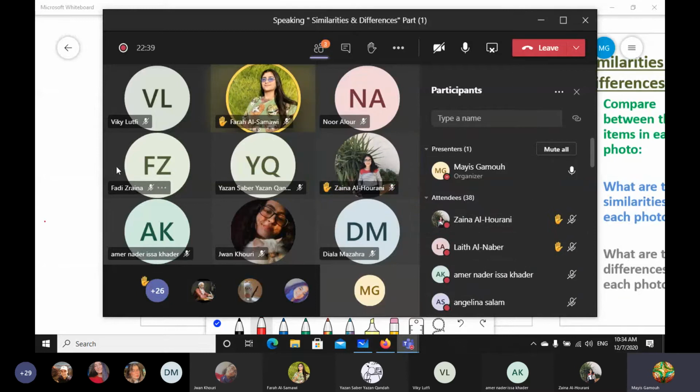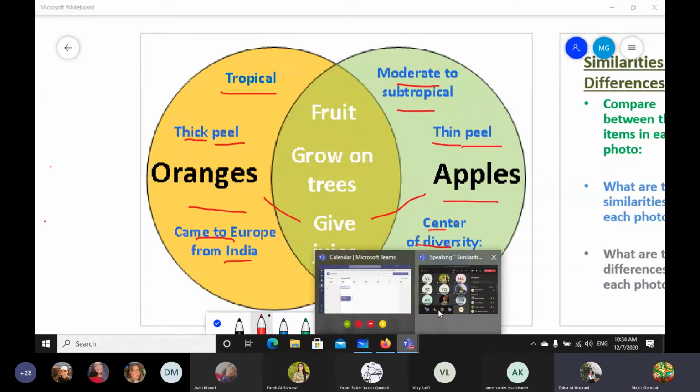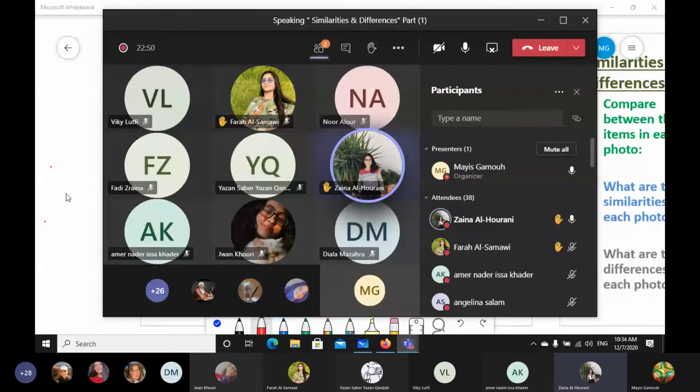Zaina, go ahead, dear. Yes, describing similarities and differences. Making comparisons. Yes. In this photo, teacher, what is this word? Whereas, but in this other photo, both, neither.